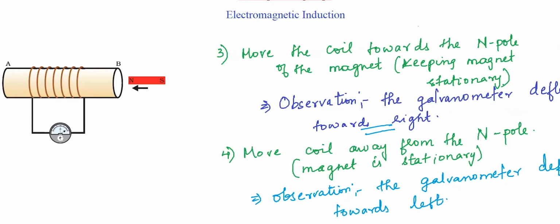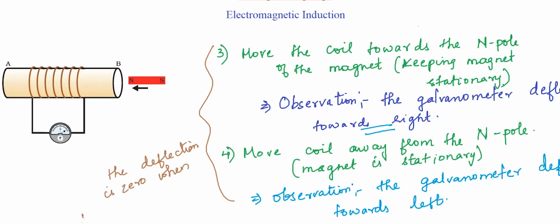And as we have seen in the previous experiments, the deflection is 0 when the coil is stationary with respect to the magnet. We can do the same set of experiments by reversing the poles of the magnet.